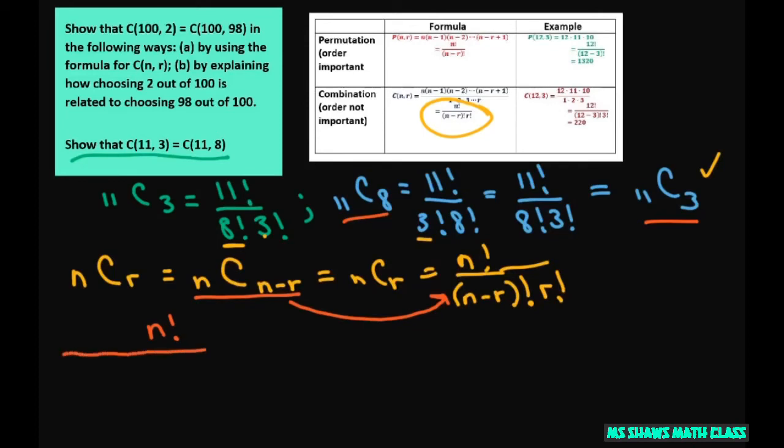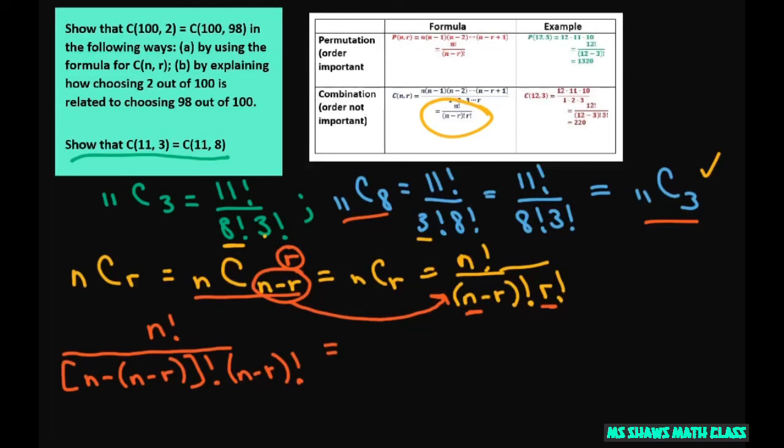Now, we're going to do n minus r. Now, this is your r. So you're going to write n minus r factorial times n minus r factorial using this formula, because r is this. So all I'm doing is substituting my r into this.